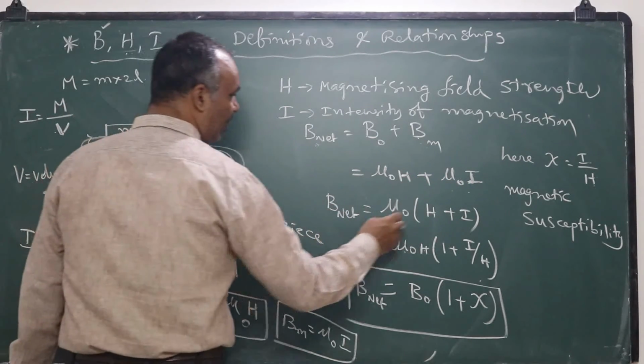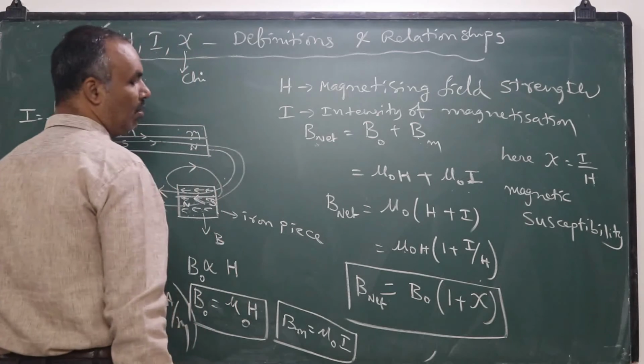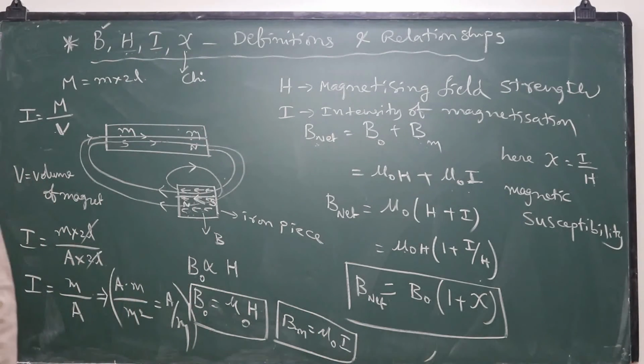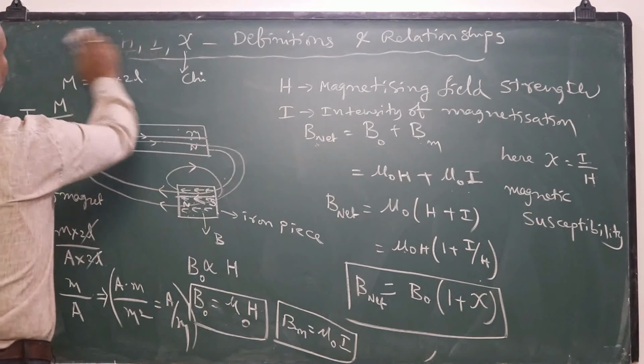So net field is mu naught into H plus I. So net field is equal to B naught into 1 plus chi. Chi is called magnetic susceptibility. Now, let us solve one problem based on this. Later we will see the units of these physical quantities in the next concept.